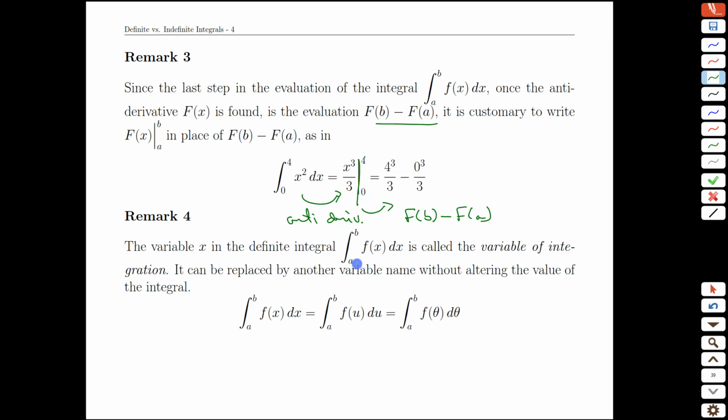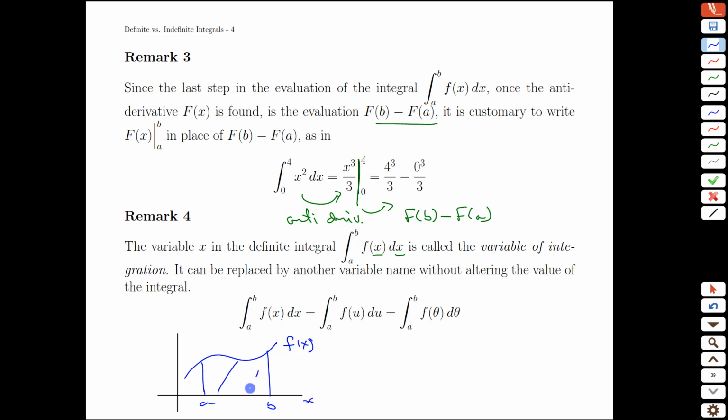As a final remark, it's a surprising but useful note to make that when we integrate over an interval, our function f of x dx, we call the x variable here the variable of integration, and if we're doing a definite integral, it doesn't matter what it is. Imagine drawing out an example where we have x and a function f of x, and an interval from a to b.